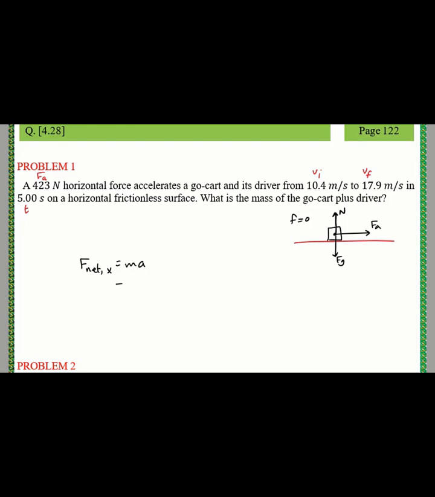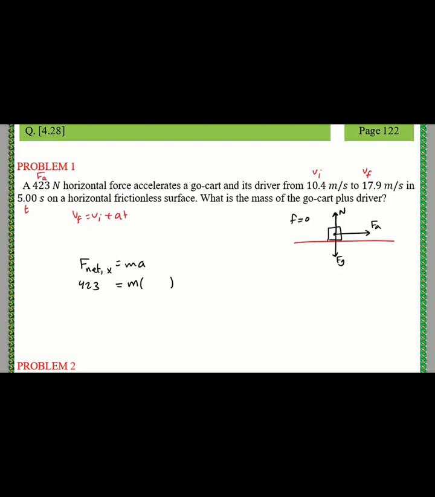Now, if we need to find m, we need the acceleration and the force. We have the force, it is 423, and here is the mass. How much is the acceleration? If you see in the question, we have V final, V initial, and time, so we can use V final equals V initial plus a t.